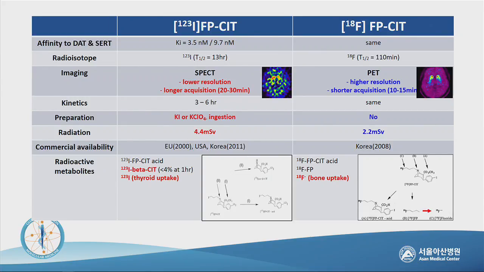There is no radioactive metabolite passing the BBB, and a lower patient radiation dose, about 2.2 millisieverts. In addition, preparation for thyroid blocking is not necessary before the FPCIT PET scan. And in Korea, the imaging cost of F18 FPCIT and iodine FPCIT SPECT is very similar. So in Korea, FPCIT PET is most commonly used.